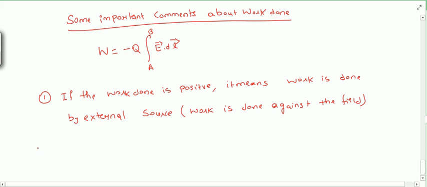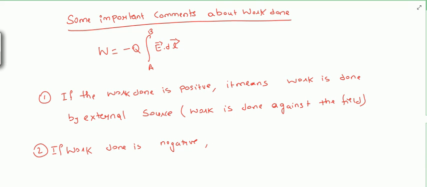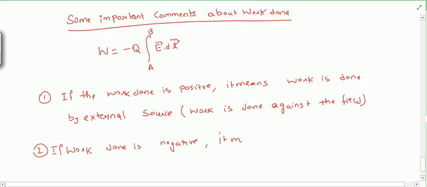Now if work done comes negative, what will it mean? If work done is negative, it means work is done by the electric field in which the charge is present.